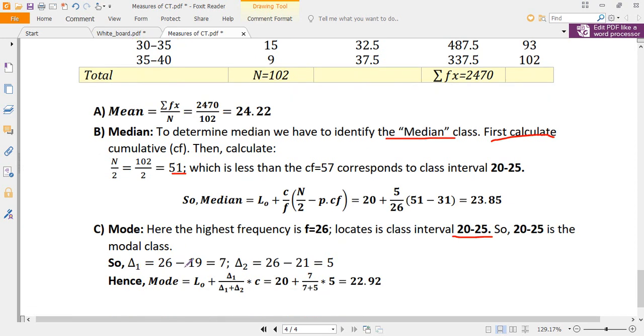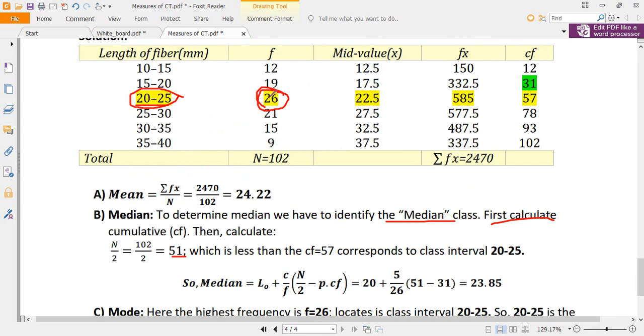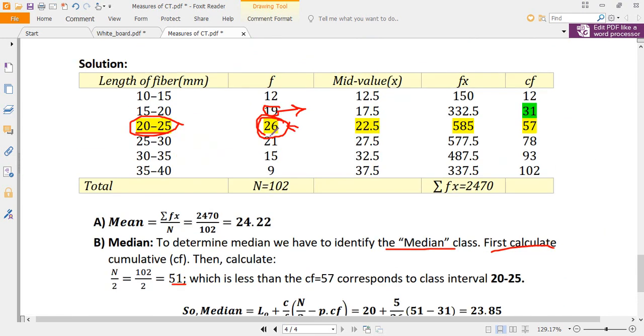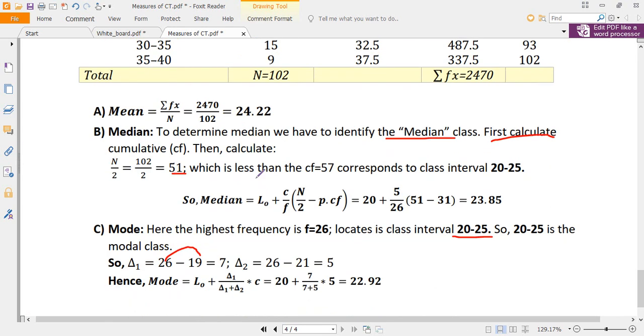So what is delta 1? We stated that delta 1 is the difference between the frequencies of the modal and pre-modal class. This is the modal class frequency and this is the pre-modal class frequency. So delta 1 is 26 minus 19, which is 7.